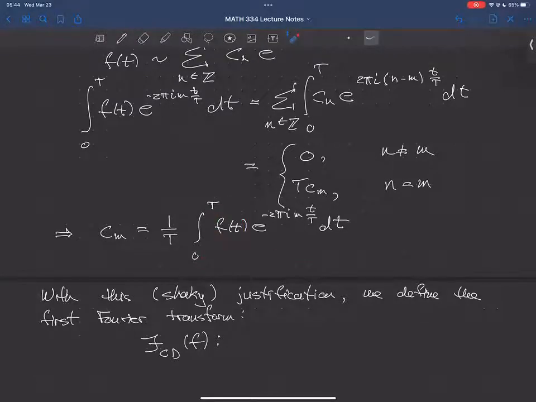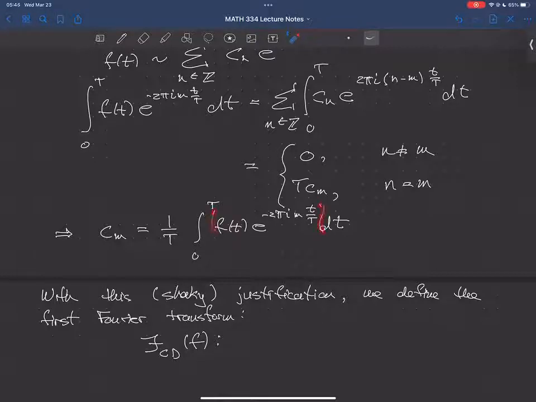We'll do this more carefully down the road, but in order for this integrand to be integrable over 0 to T, it's necessary and sufficient that its absolute value be integrable. This is one of the things we learned from Lebesgue integration: a function is integrable if and only if its absolute value is integrable.